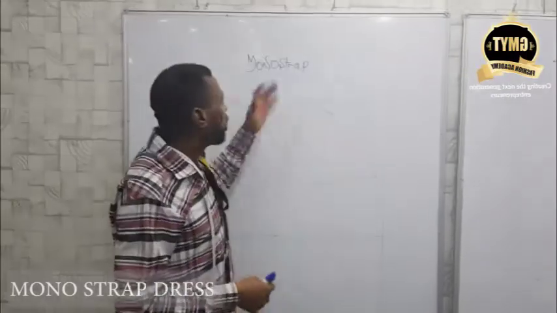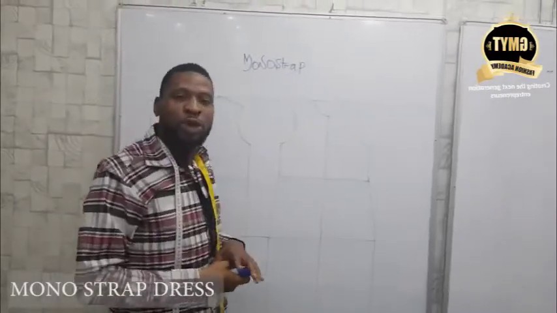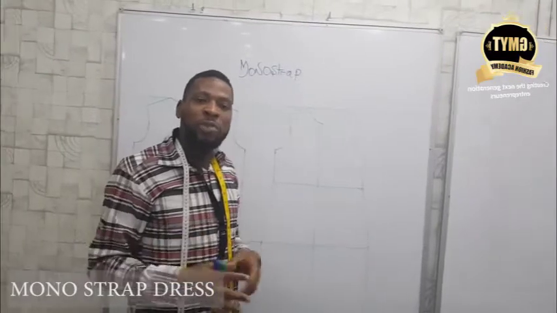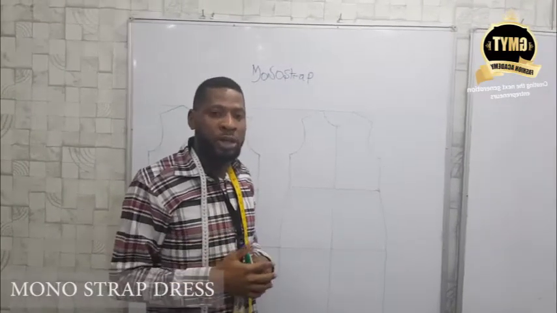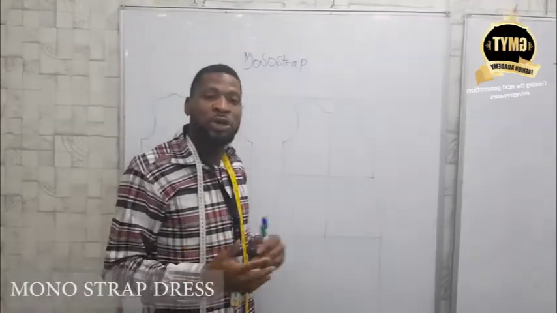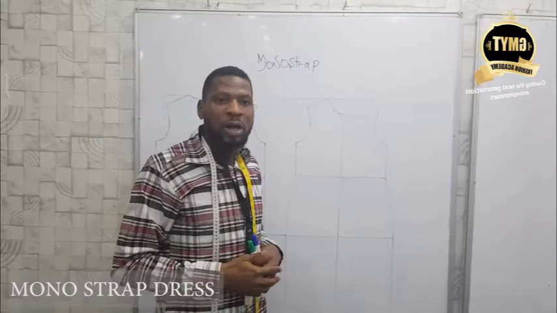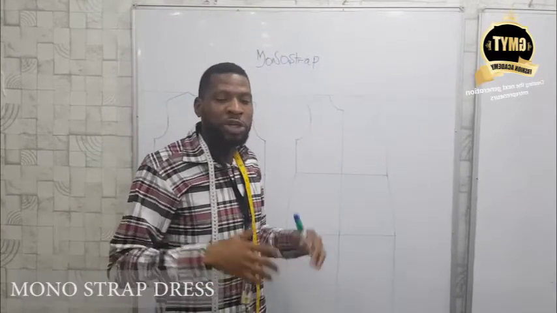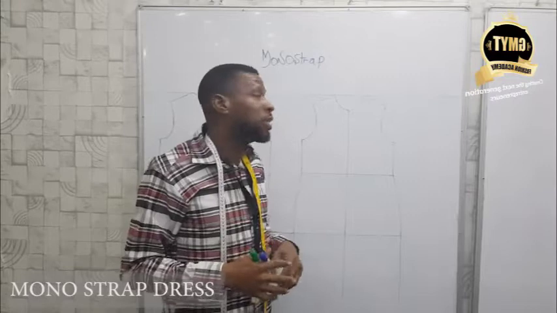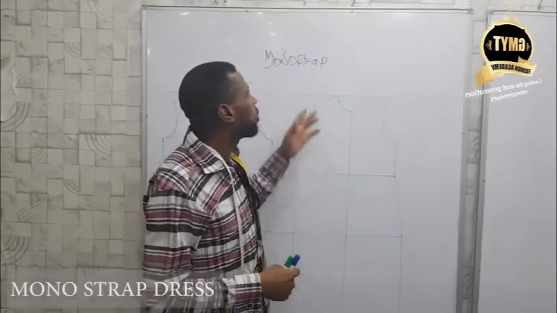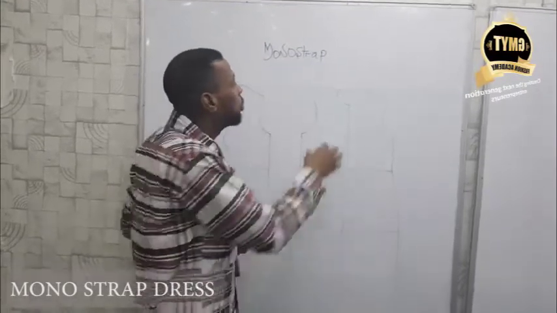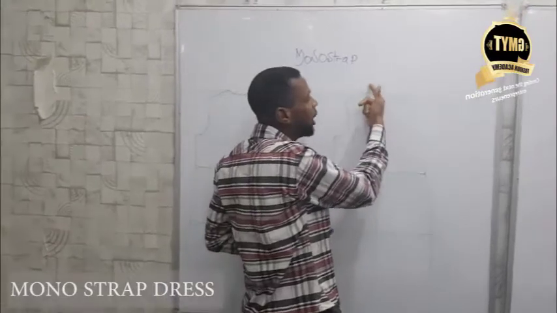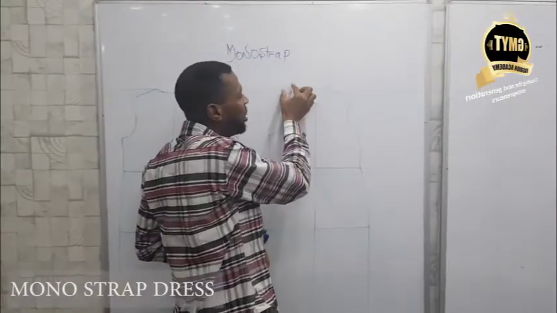Because you're trying to achieve a monostrap, you should understand that every monostrap has its own detail and its own kind of style. You can use all kinds of fabric as you want, as long as you understand the direction of the style you want to interpret. You can have your monostrap coming from the neck point, or a very tiny strap.